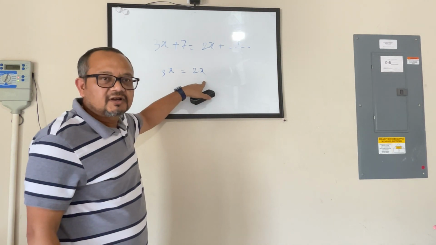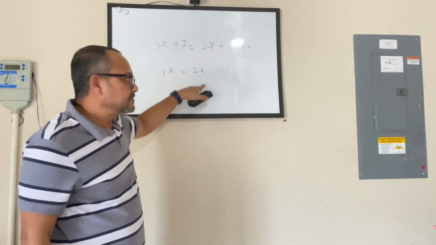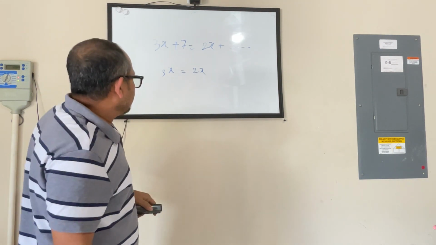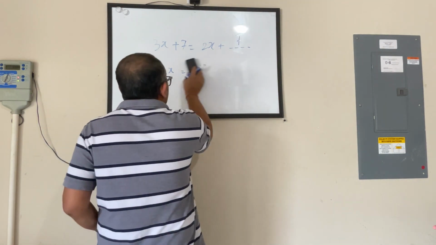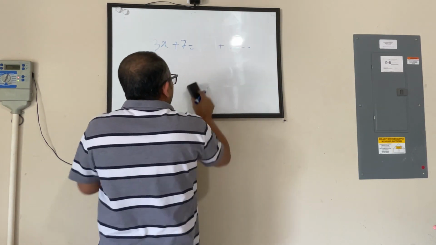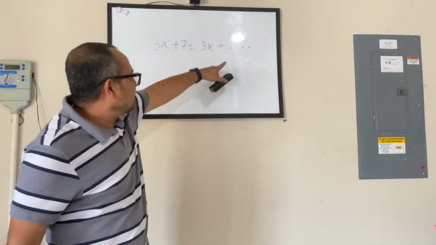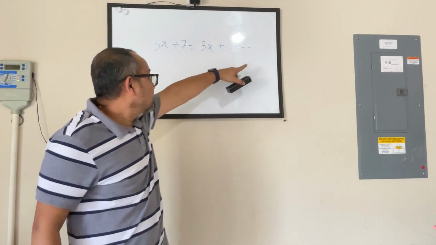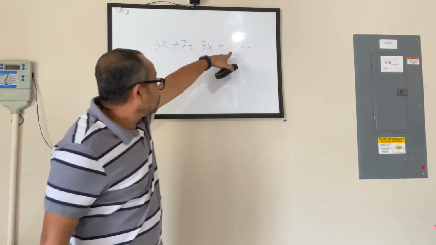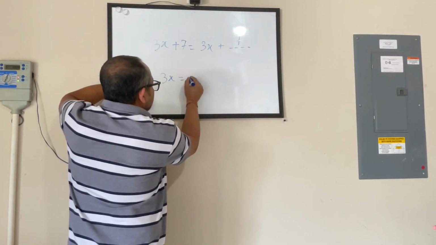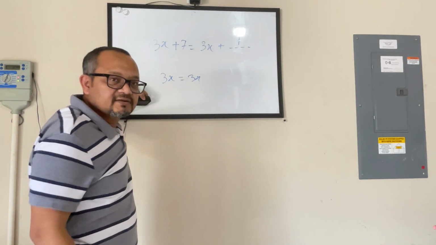This doesn't look right. This equation is not right, correct? But if I have this and then I have a blank here, if I put this as 7, what happens? 3x equals to 3x, that we can say.